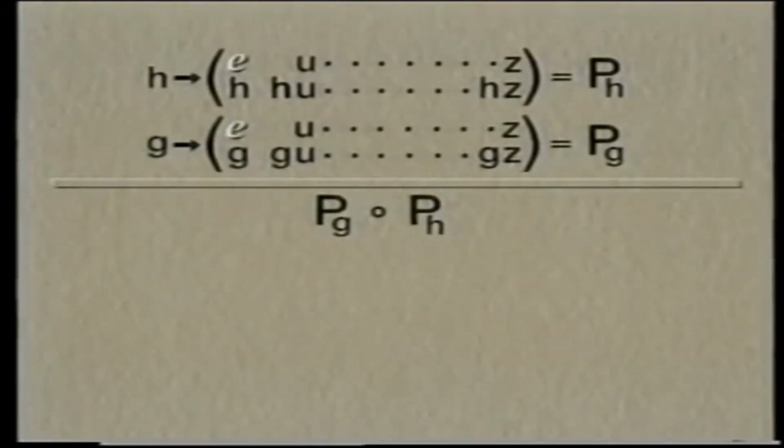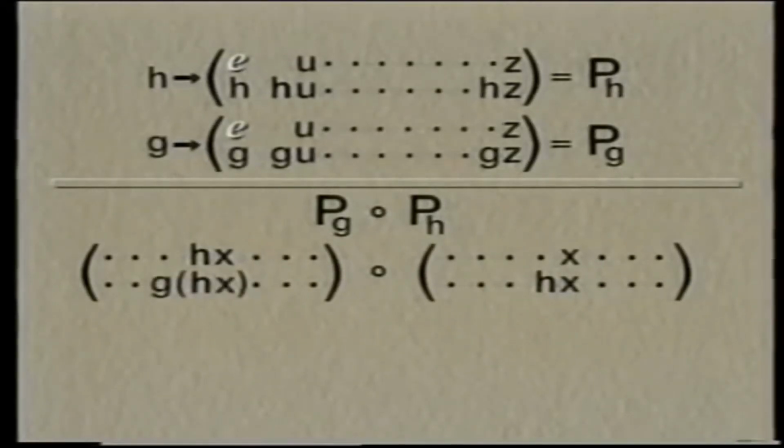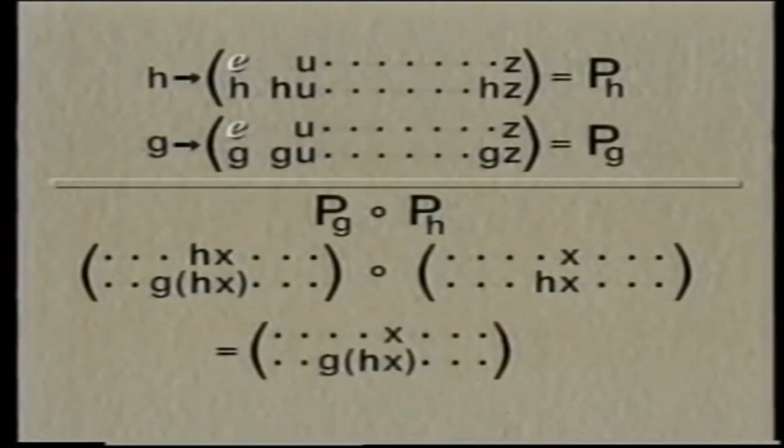Now, how do these permutations combine? A general element x is mapped by pH to hx. But hx is an element of the group, so it appears somewhere in the top row of the permutation PG. And it's mapped by PG to the element g times hx. So in the composition, x is mapped to g times hx, which is the same as gh times x by associativity.